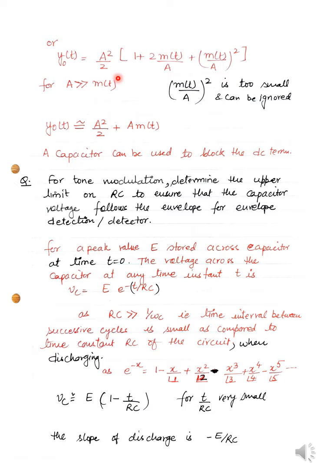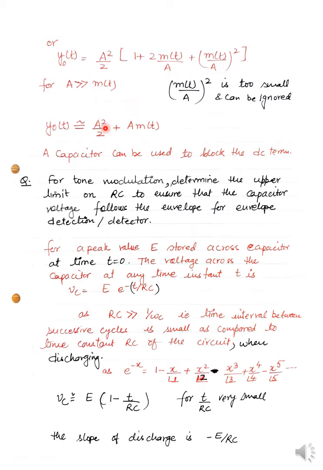Or y0(t) will be equal to this if we take 2 common out of it and A square also common. For A greater than m(t), we can say m(t) divided by A square is too small and can be ignored. So this part can be ignored, and the output will be equal to A square divided by 2 plus A m(t).